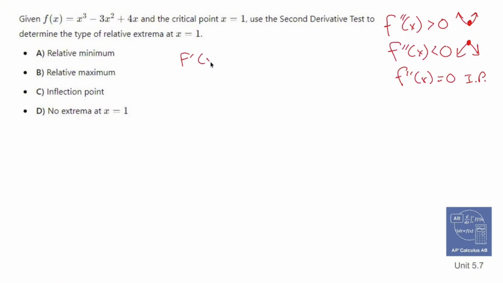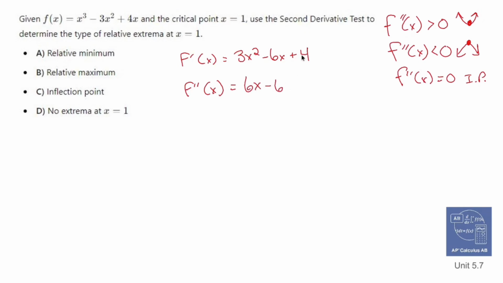So f prime of x is going to involve us using the first derivative. So that's power rule once, and power rule twice, and power rule 3 times. F double prime of x is going to be 6x minus 6.